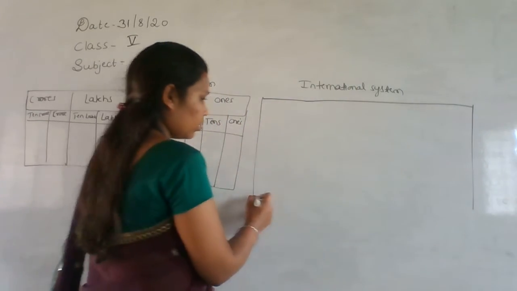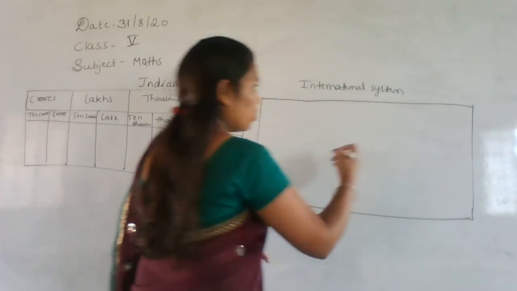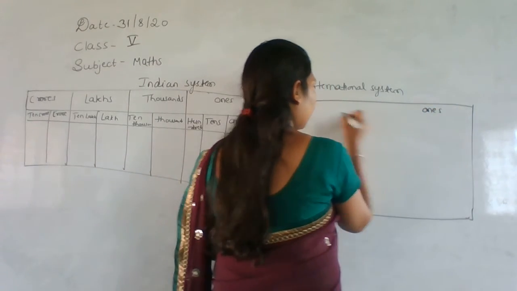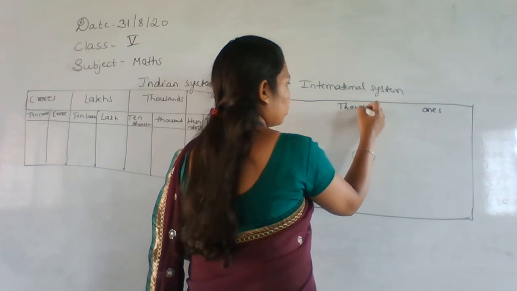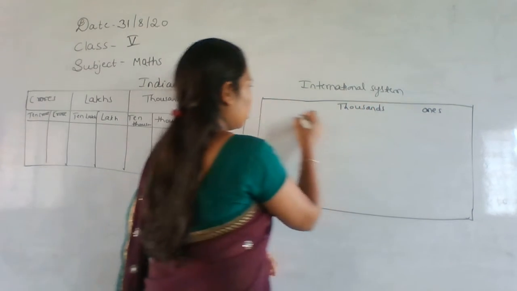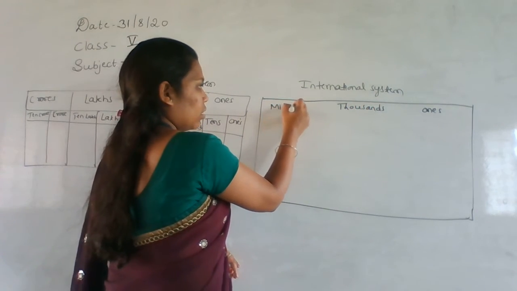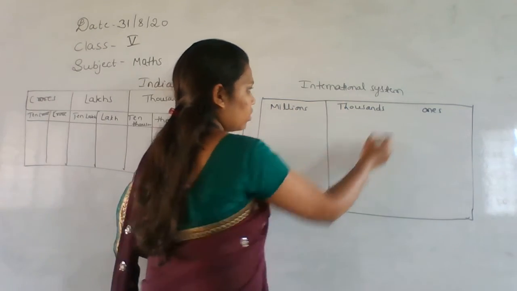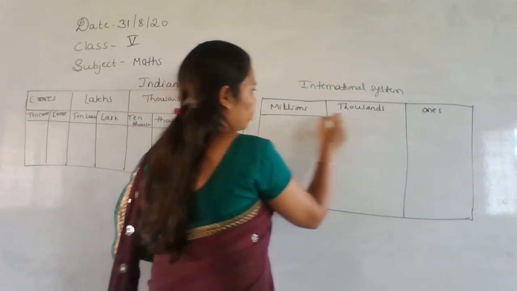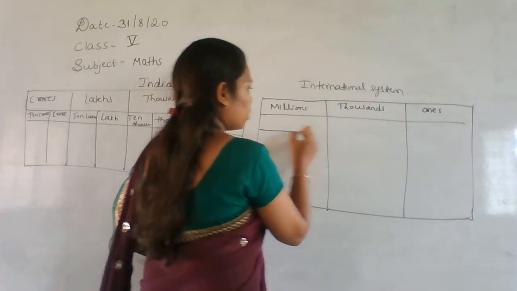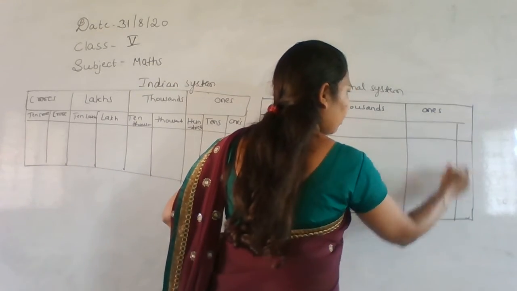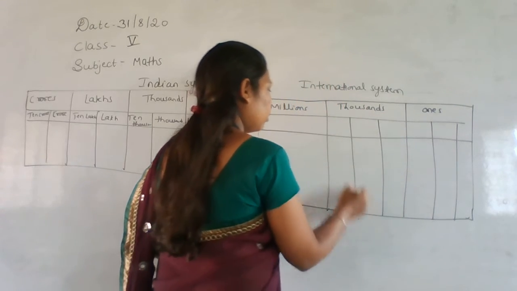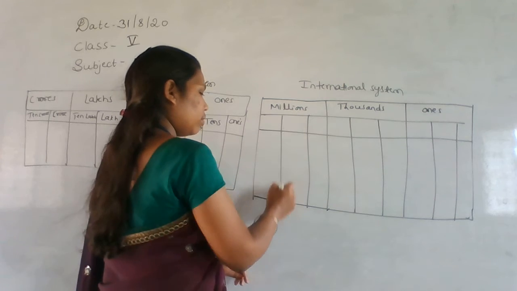Okay. So it also has ones here, and thousands, and here millions. And again ones has three values, thousands also three values, here also three values.